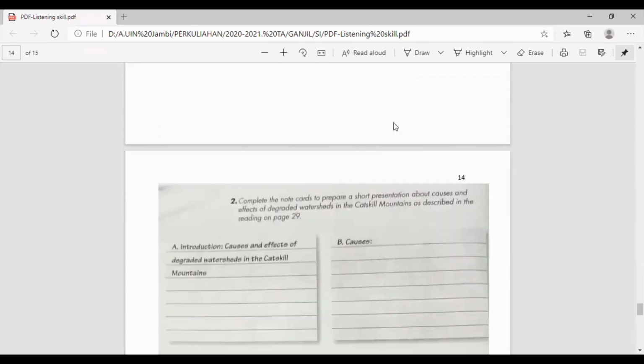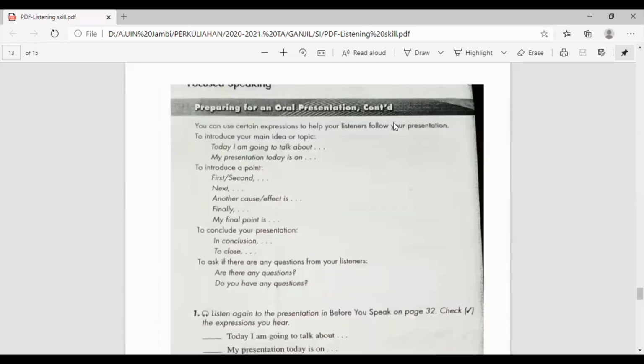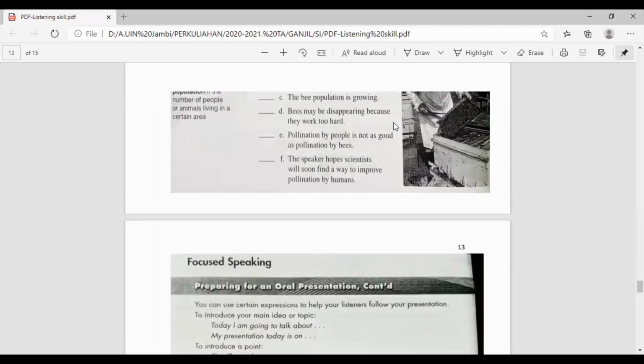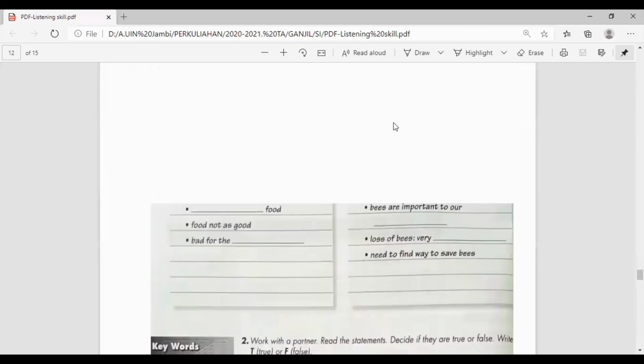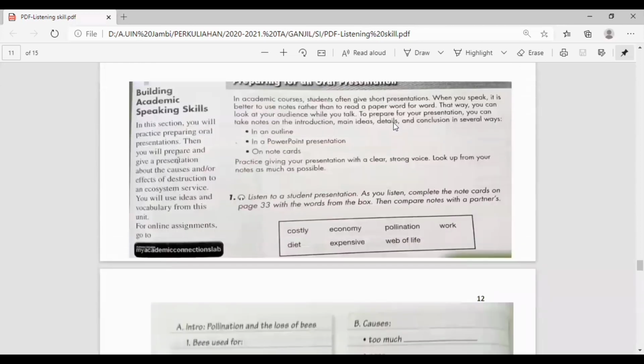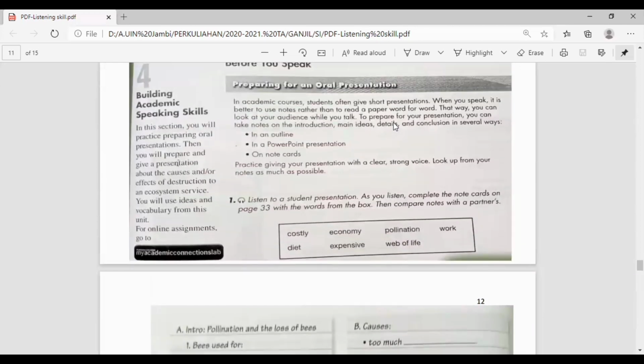So as I told you earlier, the presentation project will be a presentation about an ecosystem, about the causes or the effects of destruction to an ecosystem service.